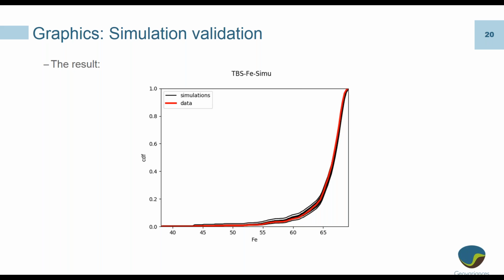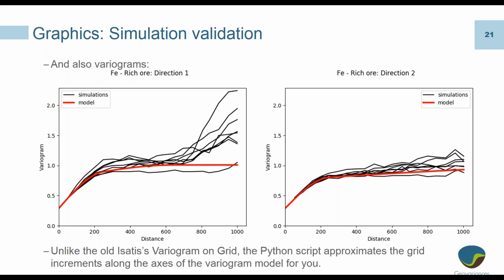And I also have, with quite a lot more work on the calculation front, simulation validations as well of the variograms. And this is an improvement on the old Isatis variogram on grid tool, which gave you outputs that looked a lot like these.